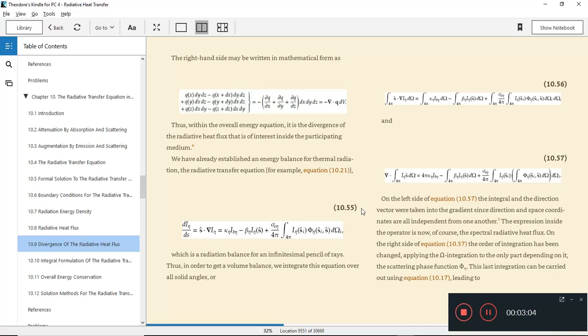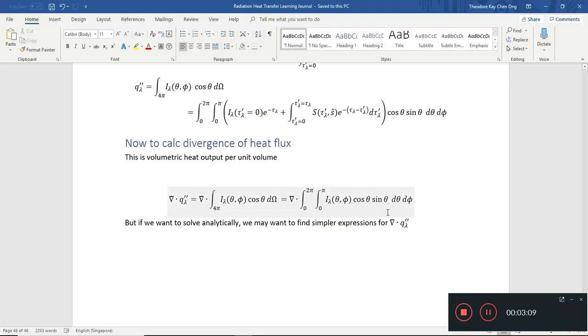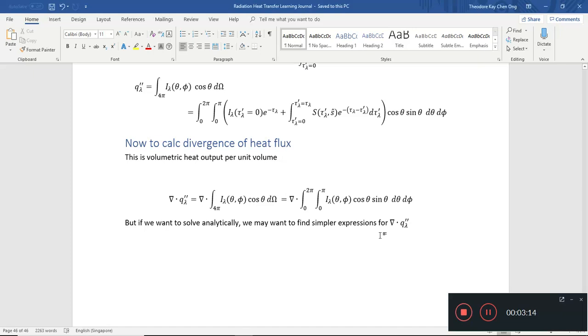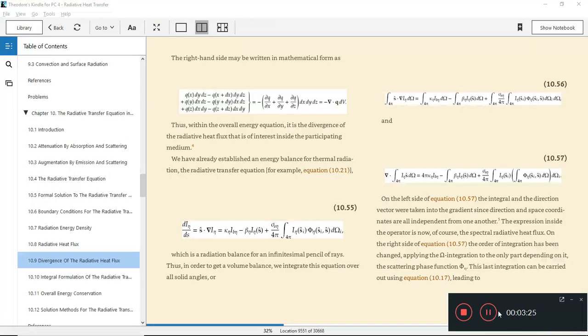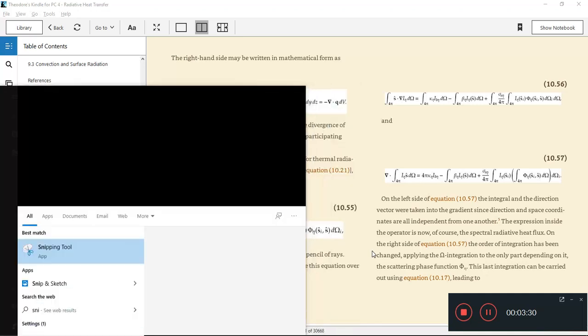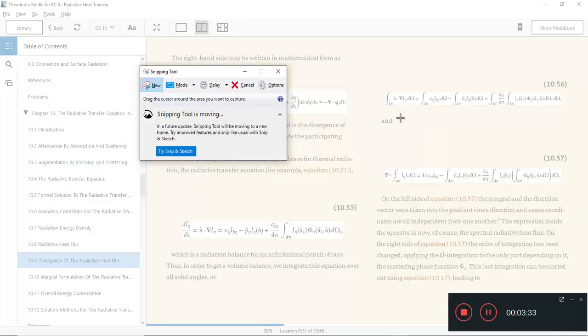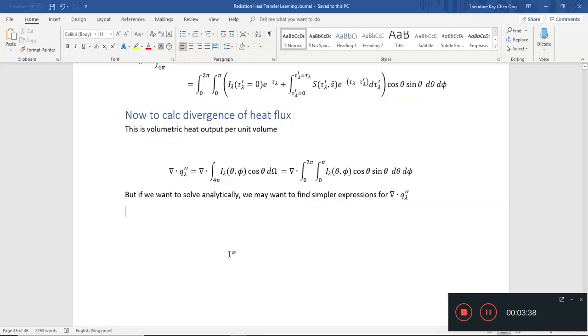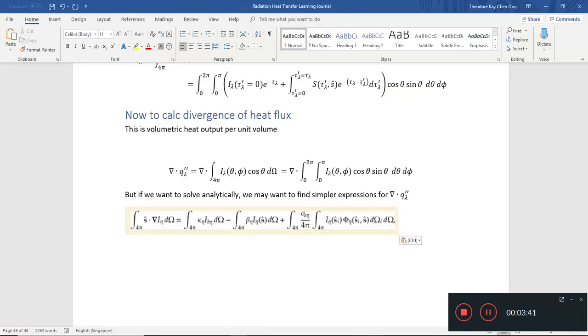Basically, we want to do the divergence of heat flux, right? If we look at chapter 10.9 of Michael F. Modest, we'll get these two expressions over here. Now let me explain what they're doing to get this simpler expression I was talking about.